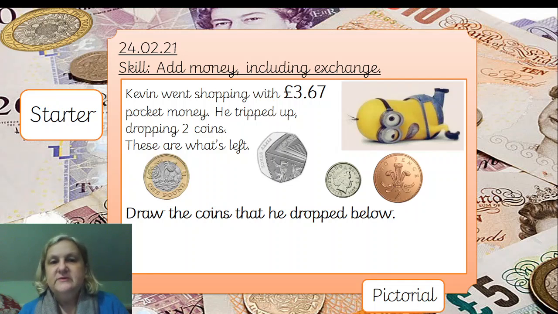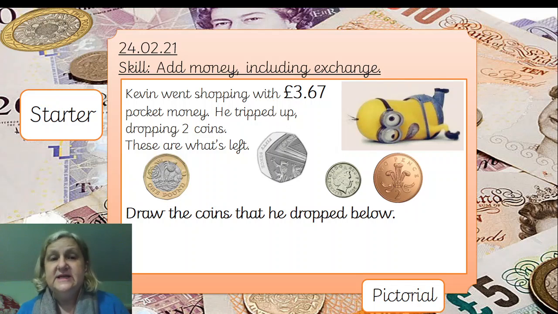So to start with, we've got Kevin, who went shopping with £3.67 pocket money, and he tripped up and he dropped 2 coins. And these coins here are the ones that are left. So it's quite a nice little word problem here. You've got to draw the coins that he dropped.